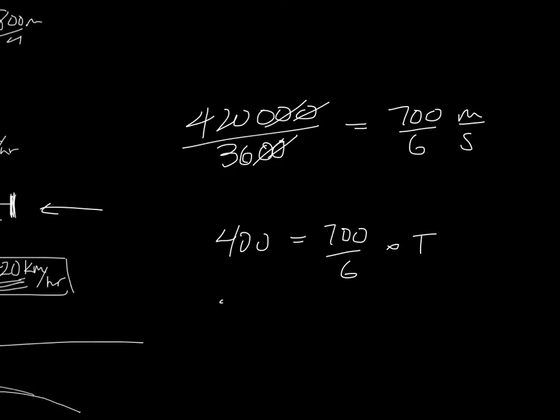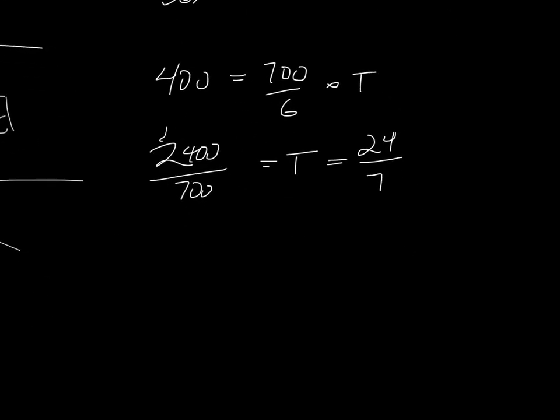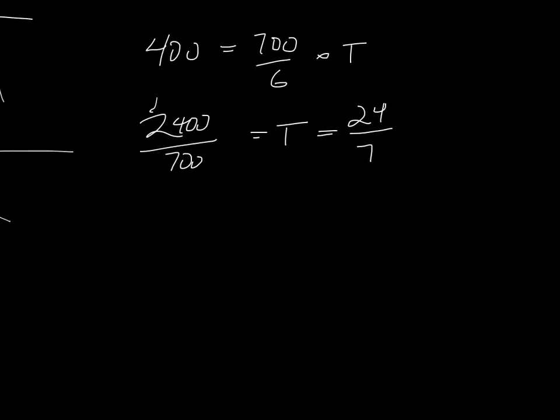That means that 2400 over 700 is time. That's another way to say 24 over 7. And of course the problem asked for that in decimal form.